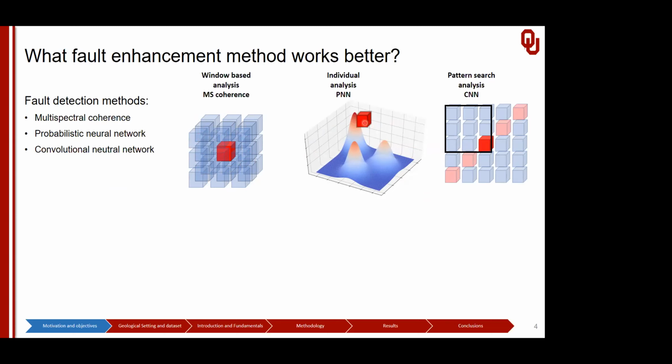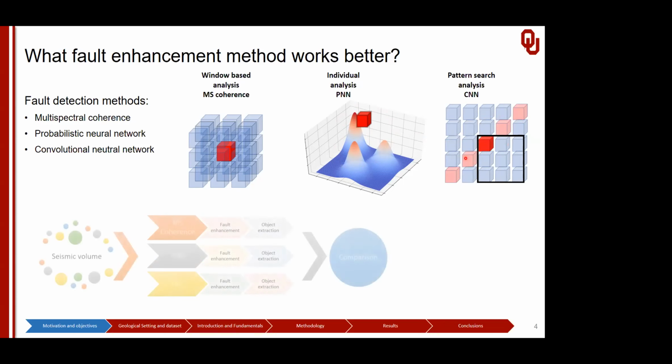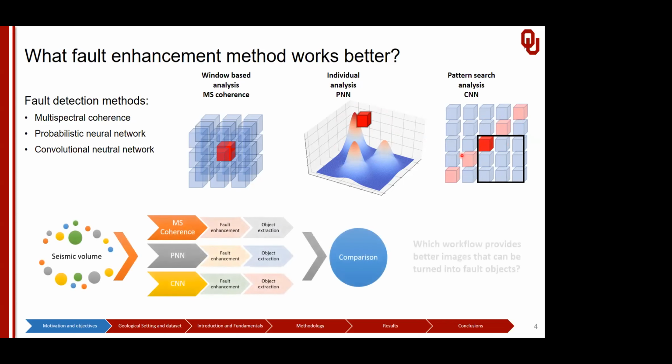We can analyze just one sample and explore all the characteristics of that sample, such as responses from different seismic attributes, and then identify if that location is a fault or not. A third approach, which I am calling pattern search analysis, creates a moving window that scans an image to find patterns or objects.